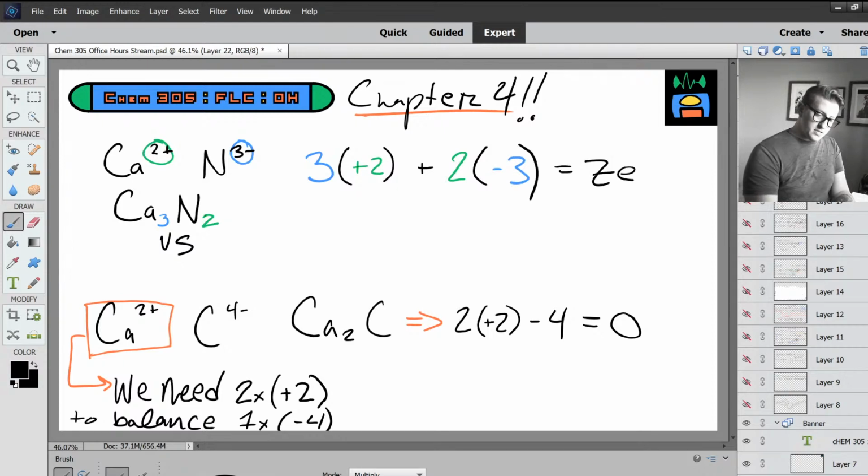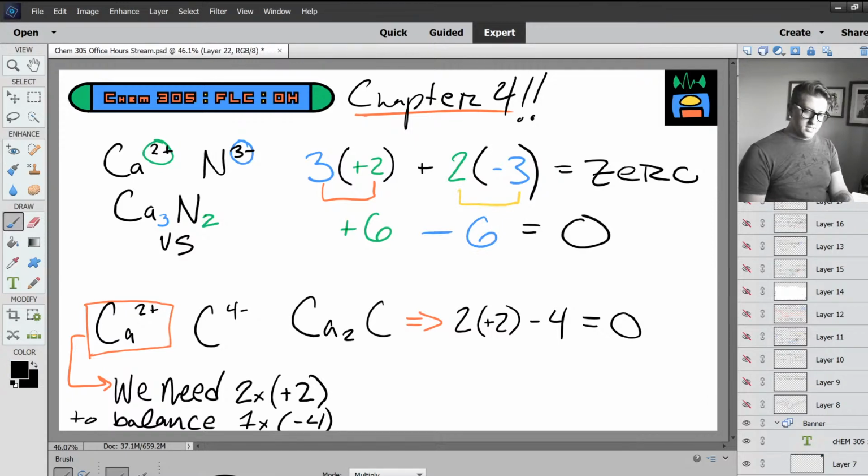This also works out to be 0 because 3 times 2 is a +6, and 2 times -3 is a -6, and that adds to 0.